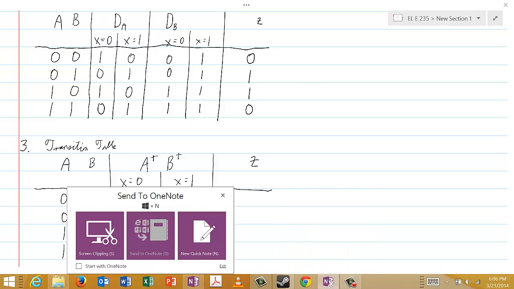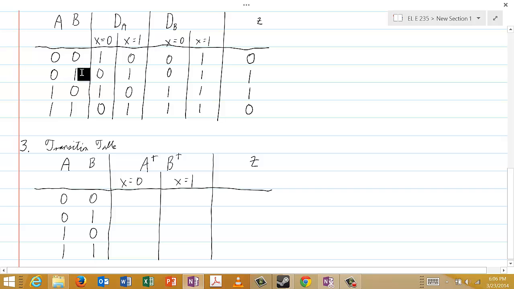our reasoning is as follows. We want to know the next value of A and the next value of B when x is equal to 0 and when the present values of A and B are as given here.